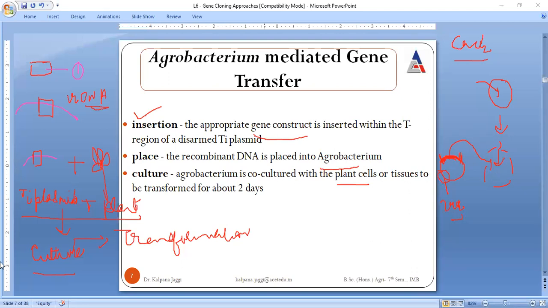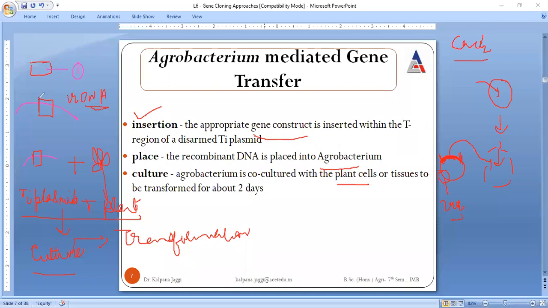So I just hope this agrobacterium mediated gene transfer is clear to all. It involves the construction of the gene, then its insertion into the T region. So this is the T region. We constructed the desired gene, that is giving the desired results.